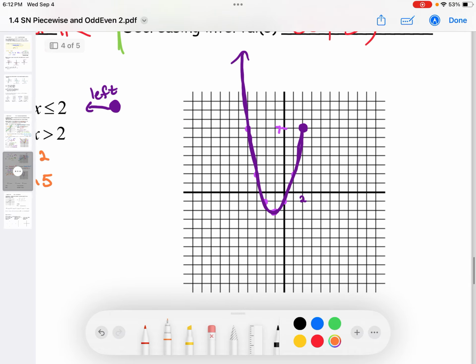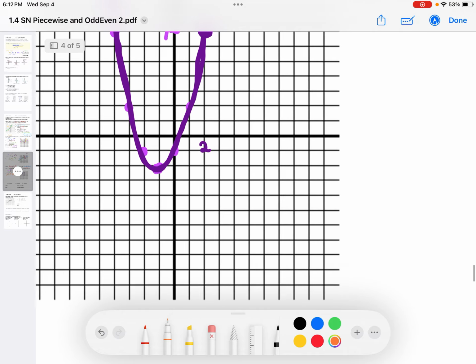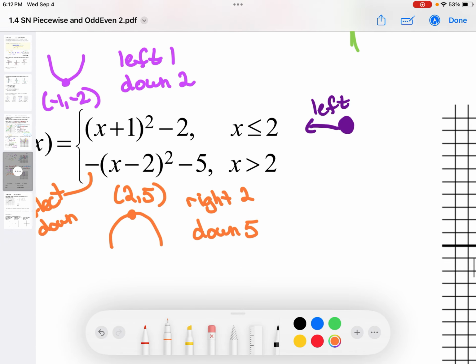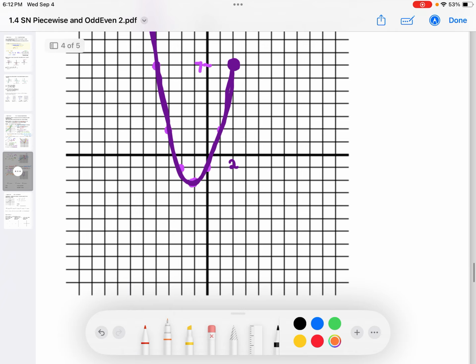So we will come over to our, I did write -5, didn't I? That's down 5, so it's a -5. That vertex is 2, -5. So 2, -5 would be here.